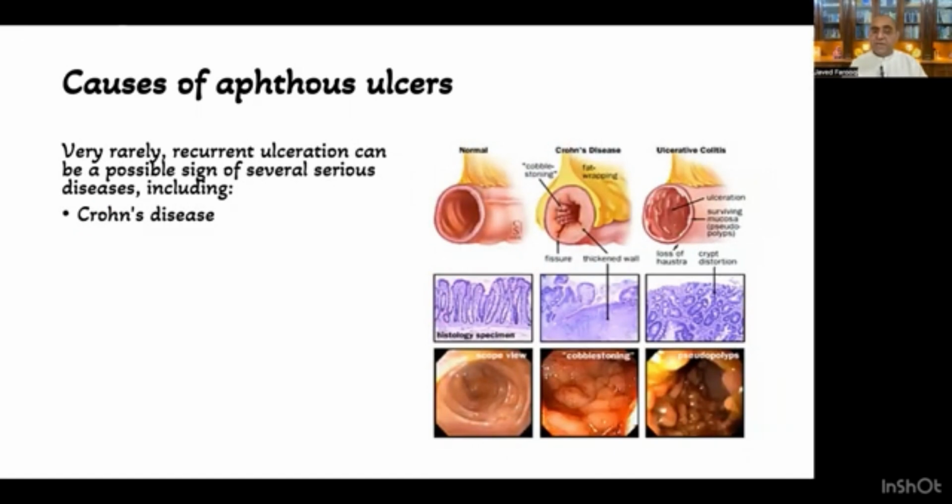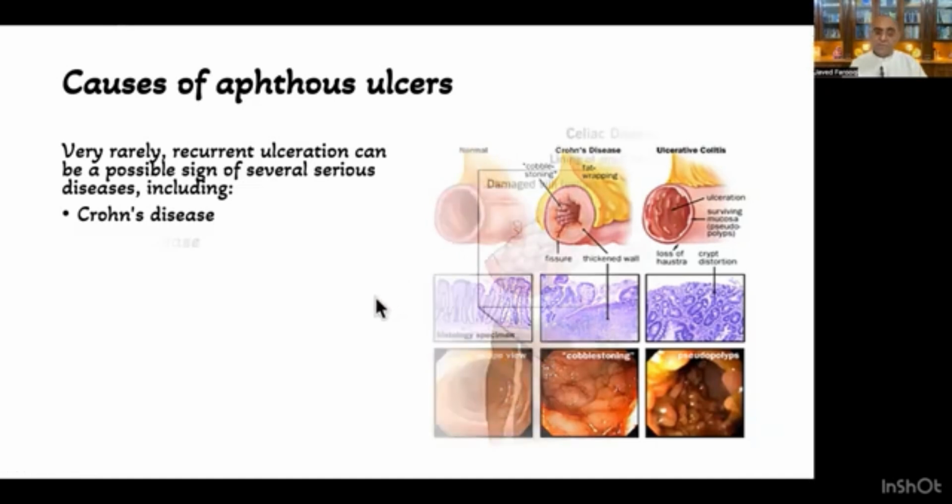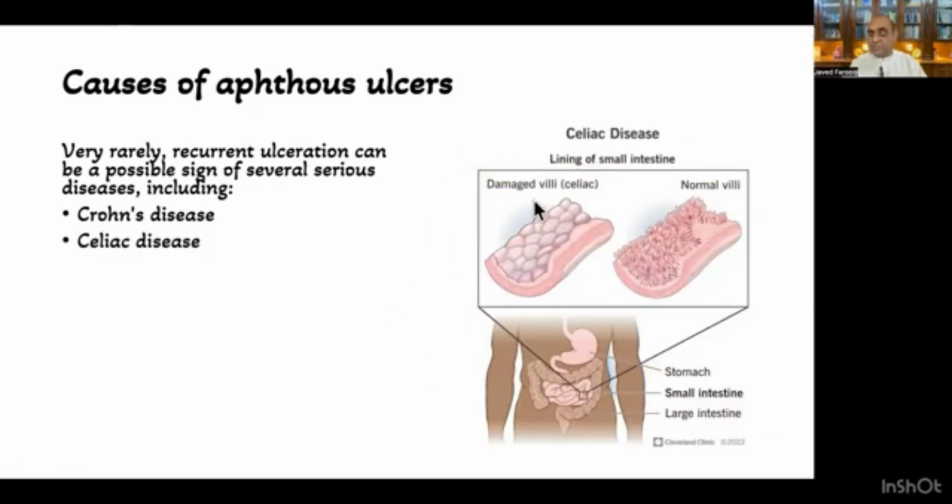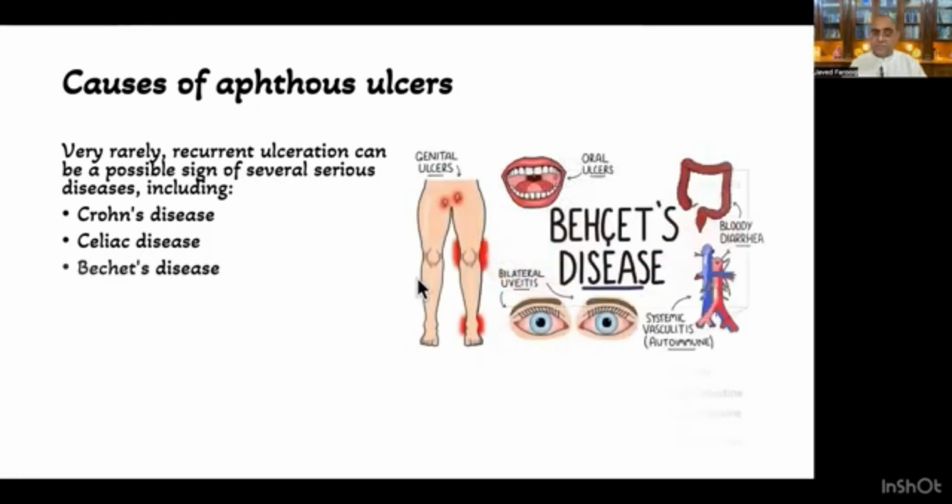Very rarely, recurrent ulcerations can be a possible sign of several serious diseases like Crohn's disease. We all know the ulcers of Crohn's may start from the oral cavity. Celiac disease. Behçet disease, where there are genital ulcers, bilateral uveitis, systemic vasculitis, there may be bloody diarrhea, and there may be oral ulcers.